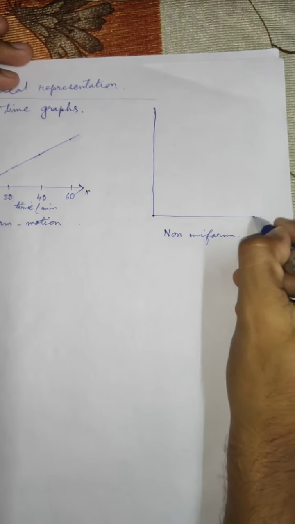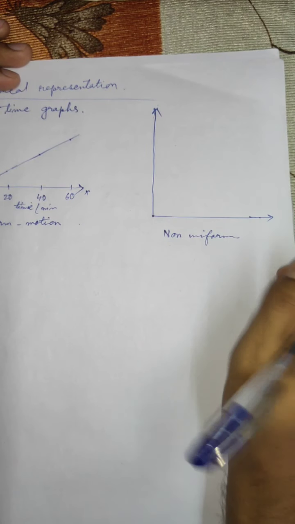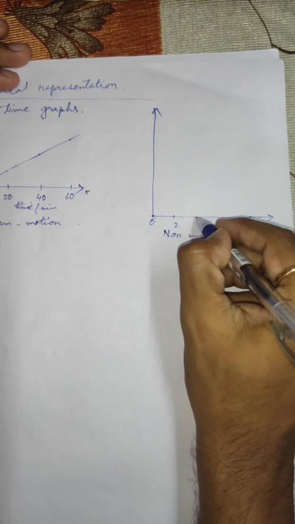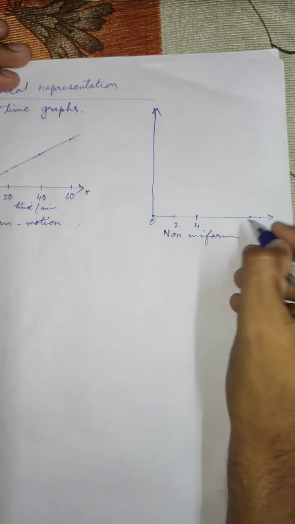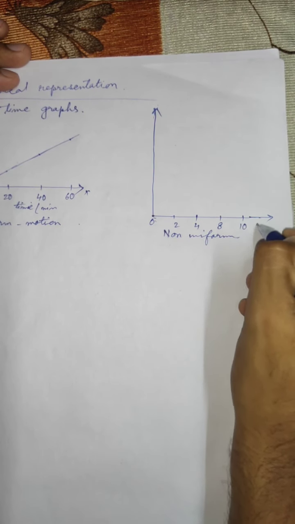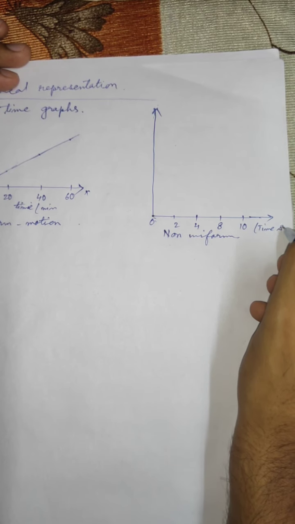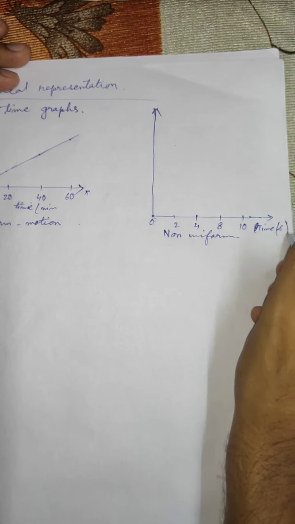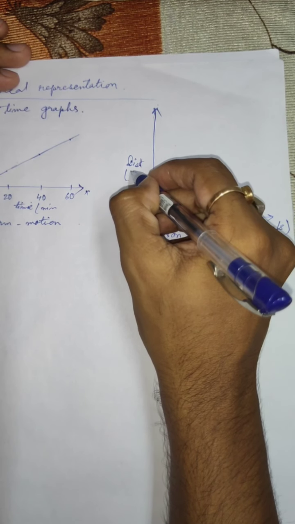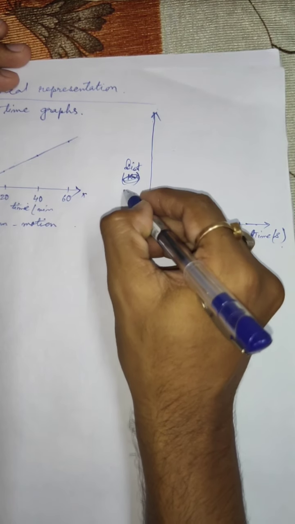So in non-uniform motion, in a similar way, in the x-axis we take the time from 0 to, this example is also mentioned in your book. I am taking these intervals of time. These are time in seconds. And this way I am taking distance in meters, sorry.